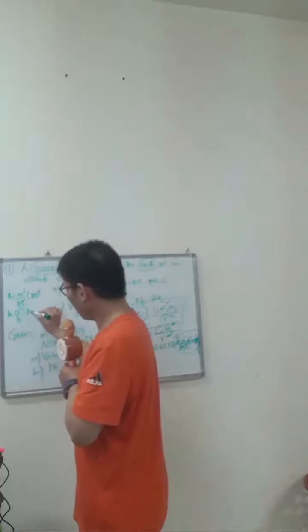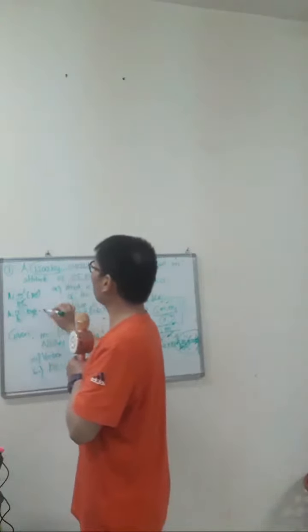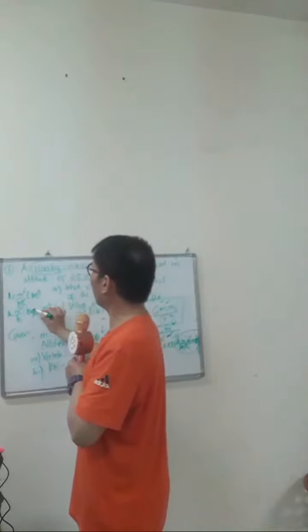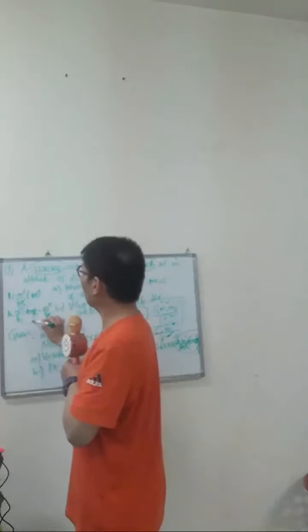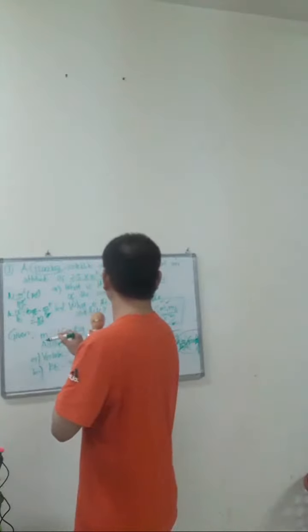Newton is kilogram meter per second squared. Then cancel the meters and kilograms, and what will remain is meter per second. That's why it's velocity.